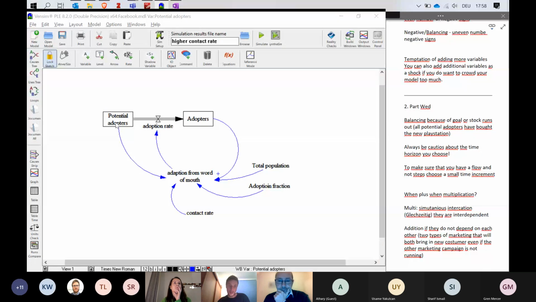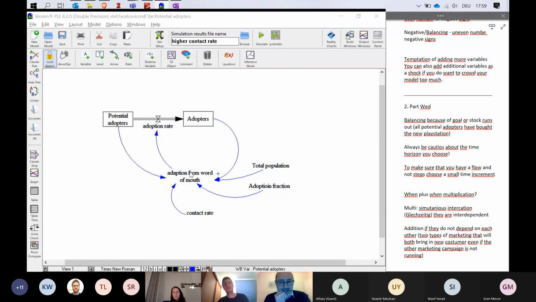So we have this going from this level to this variable, right? From potential adopters to adoption from word of mouth. We have this arrow, and this is there because we use this inside this equation, right?